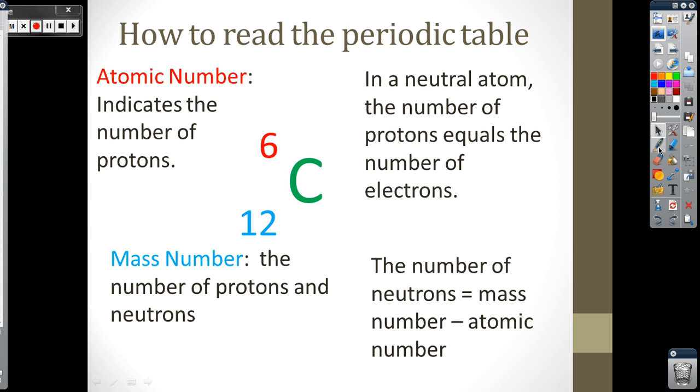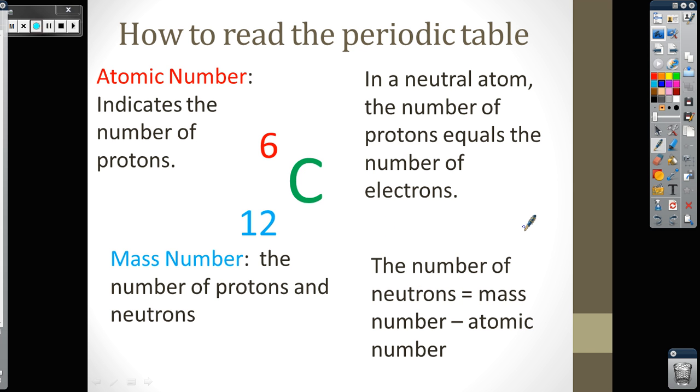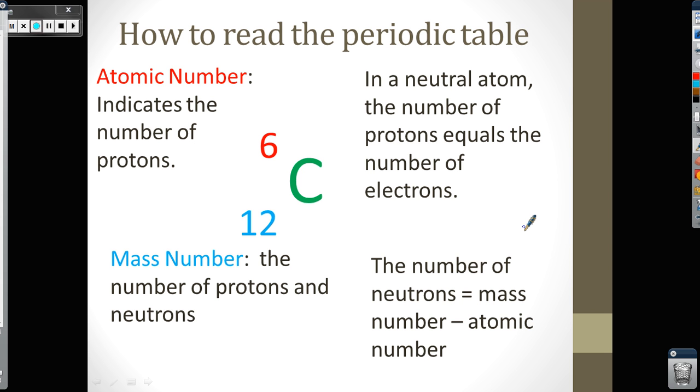So what we can find out from the periodic table is the name of the element that we're dealing with. It tells us how many protons that particular atom has. And if we look at the mass number, which is the number down here, that tells us the number of protons and neutrons contained in that atom.